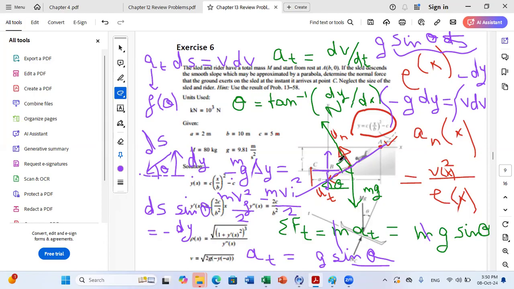No, because it's perpendicular to the motion, so it cannot produce any work. So the only force doing work is the weight. And the work of the weight, if you have considered the videos of chapter 14, is minus mg delta y. So this represents the work of the weight. Here it's positive as I move downward, and it will be negative when I move up.